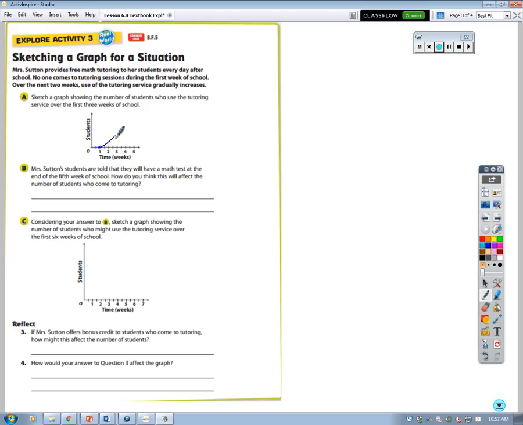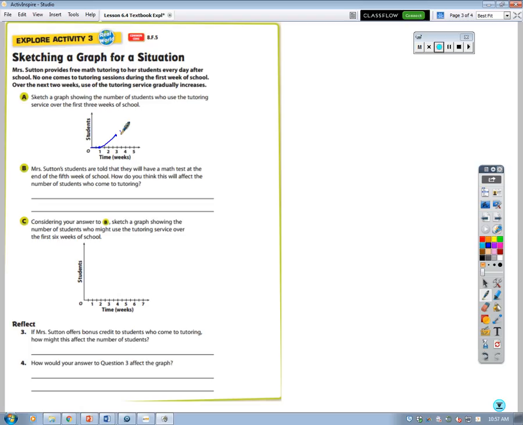So we're just going to make that curve up until we get to that 3 week mark. Seems reasonable. Maybe it curves, maybe it's a straight line. It could be either a constant rate, constant increase. Maybe she gets the exact same amount of students that join every day, but maybe it's a little bit of a curve. Maybe it isn't necessarily the same number of students every day. So we could look both ways.